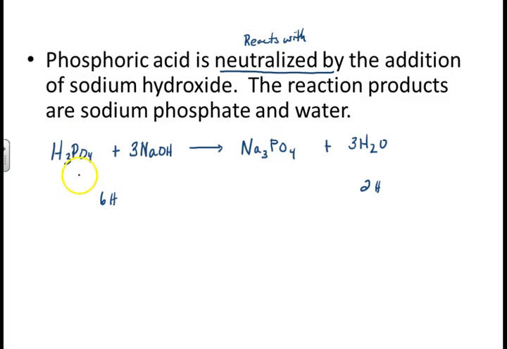So accounting for everything again, total hydrogen. Hydrogen is in 2 places. 3 hydrogens plus 3 is 6 hydrogens, and 3 times 2 is 6 hydrogens. 1 phosphorus. 4 oxygens plus 3 more oxygens right here is 7 oxygens. Balanced.